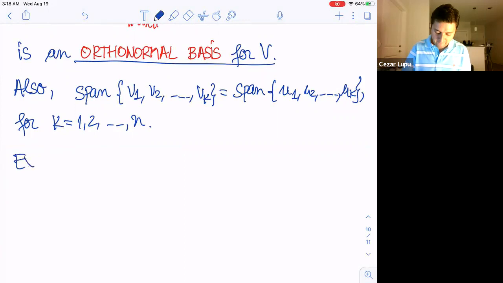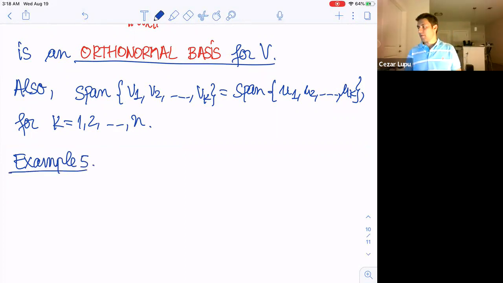Example 5. Let's consider something very simple.